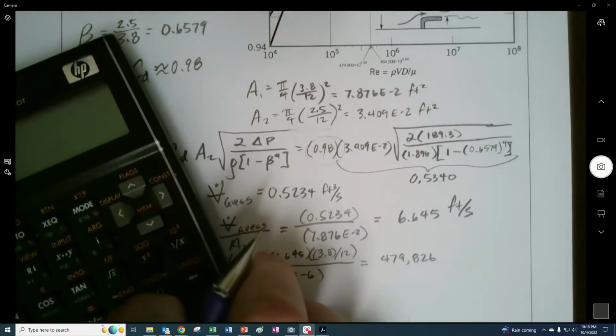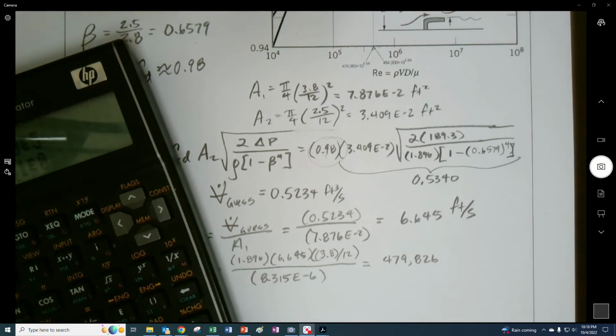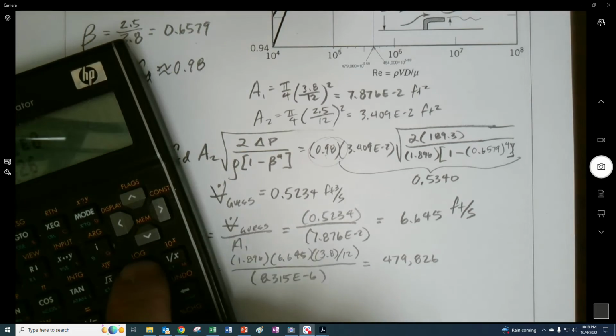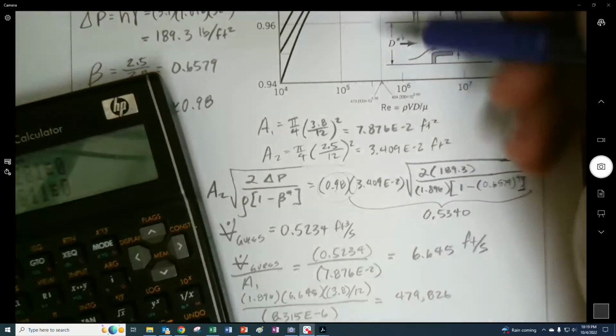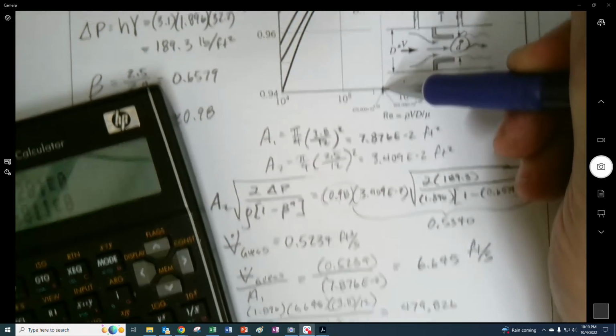If we wanted to look it up right in here, we go 479,826, and we want to take the log of that. We get 5.68. So you can kind of see where I have done this already. 5.68.